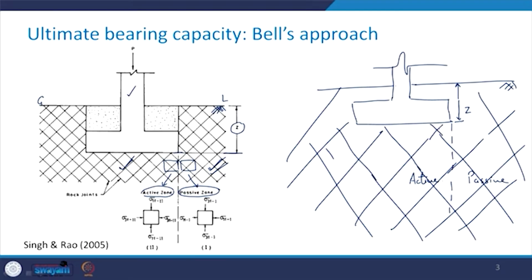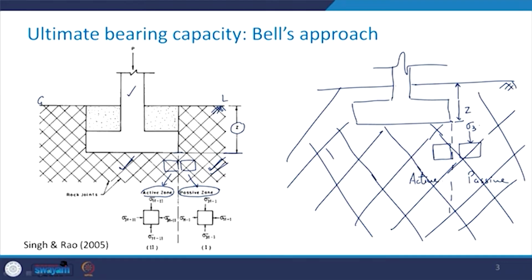Now, as I mentioned, you take an element here and take one element just outside. This is just below the footing. What is going to be the value of sigma 3 here?